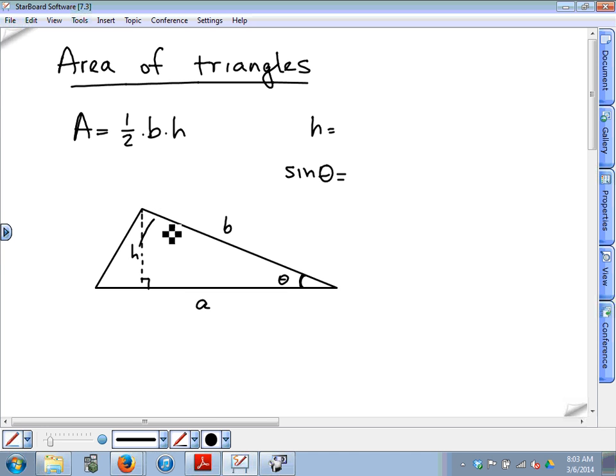What I mean is this triangle right here. It would be H over B, wouldn't it? Now, how do we solve for H? So H is equal to B times the sine of theta.